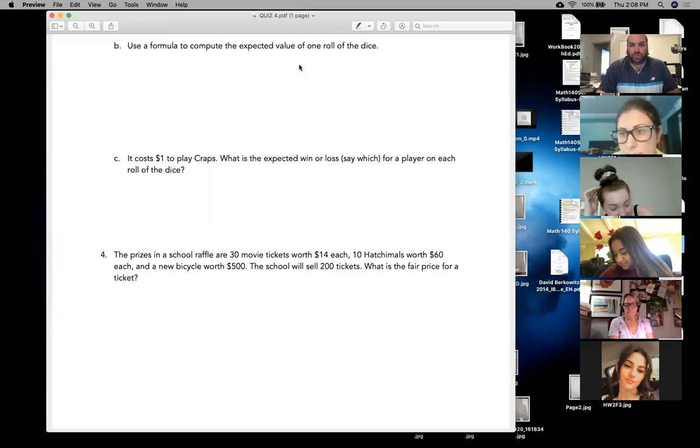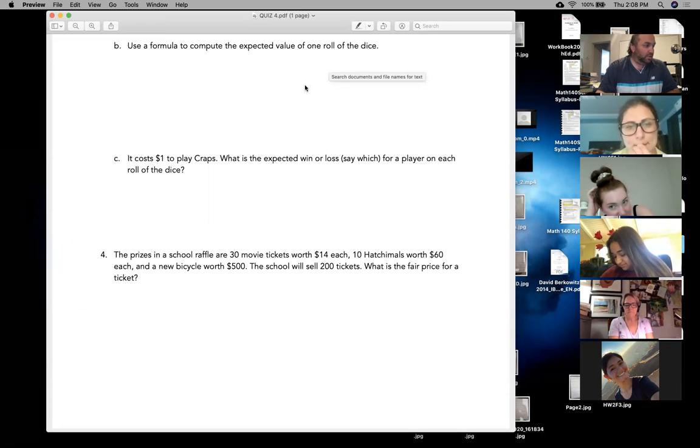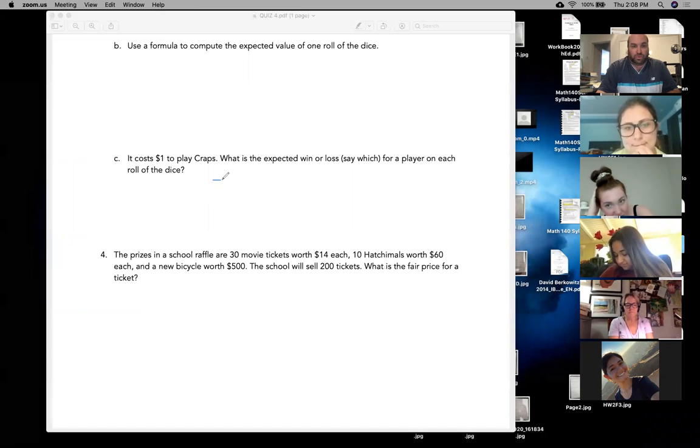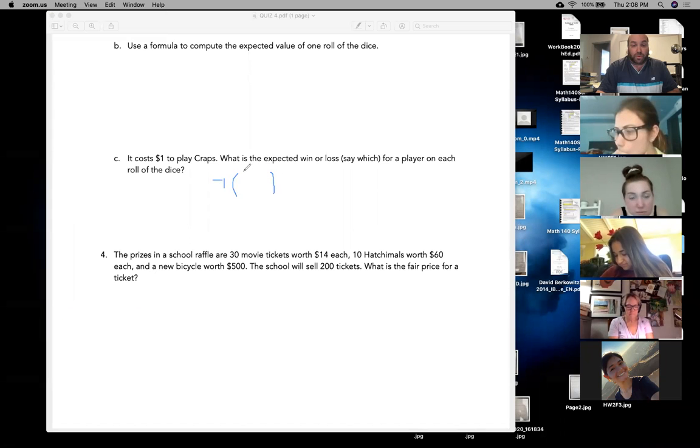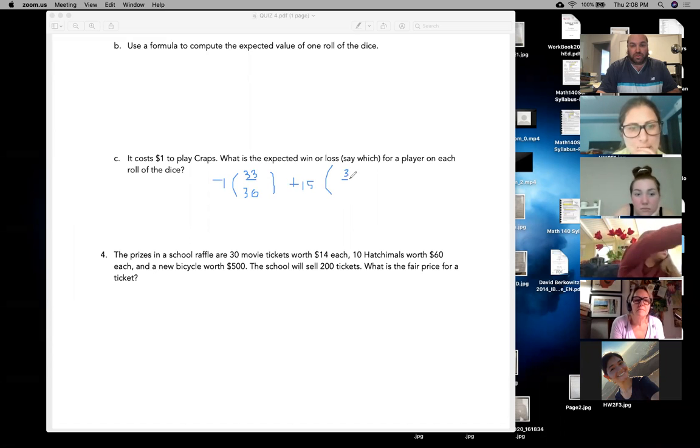I hope so. Right, so you can either lose $1 with probability 33 out of 36, or you can win $15 with probability 3 out of 36, because there's 2 ways to get an 11, not 3 ways. Uh-oh. So let me fix that.